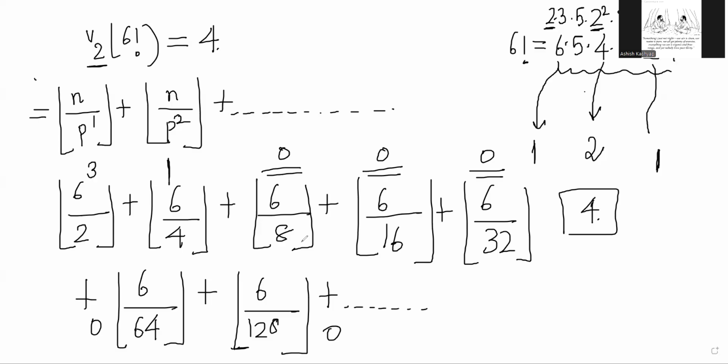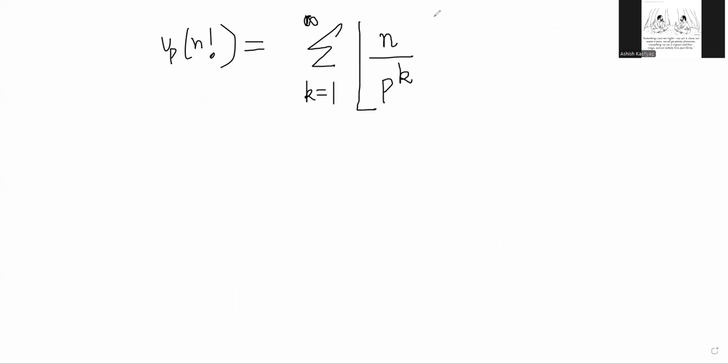So this formula is very easy and it tells us how to find the p-adic valuation of a prime number in n factorial. The way to write it is the sum from k equal to 1 to infinity of the floor function of n by p^k.